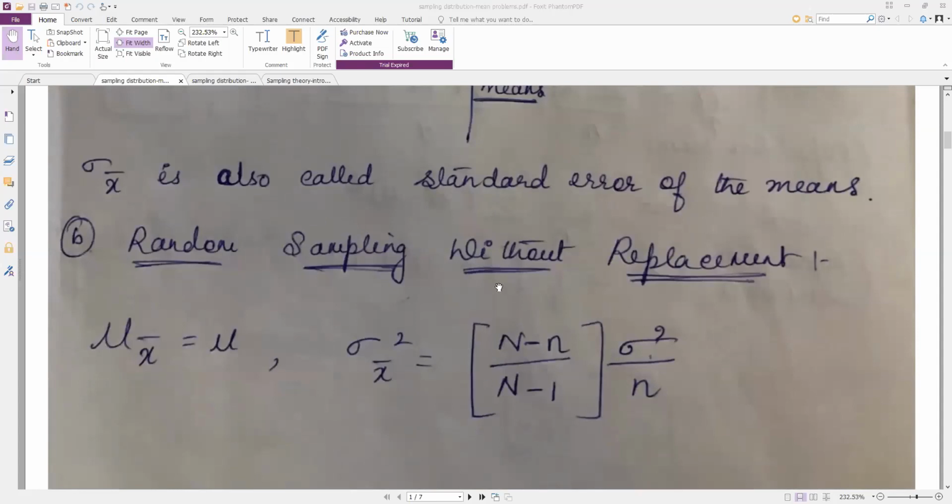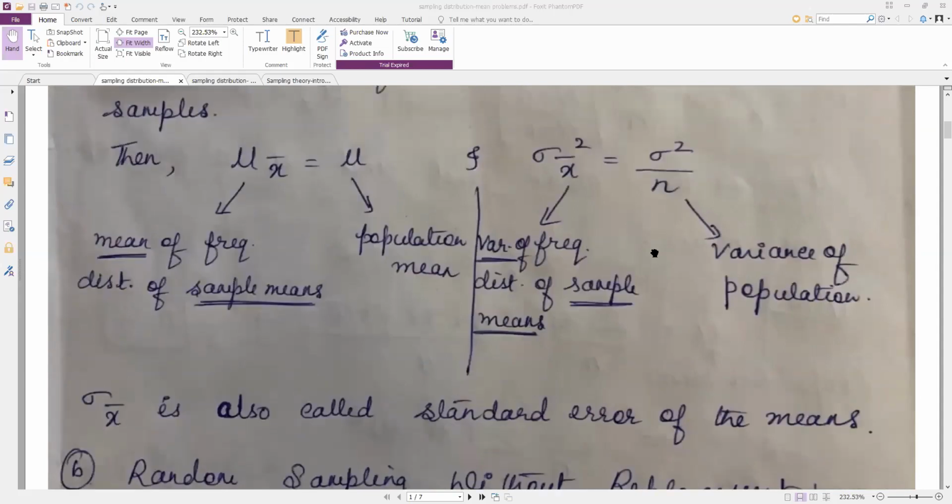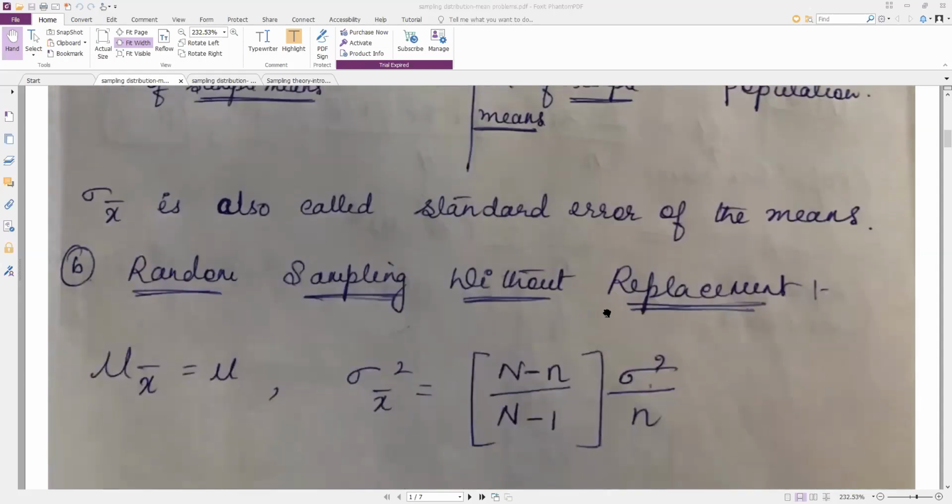Okay, so for without replacement, sigma x bar square is equal to (N minus n divided by N minus 1) into sigma square by n. So here, earlier it was only sigma square by n, and here there is one correction term, and this correction term tends to 1 whenever the size of the population is very large.